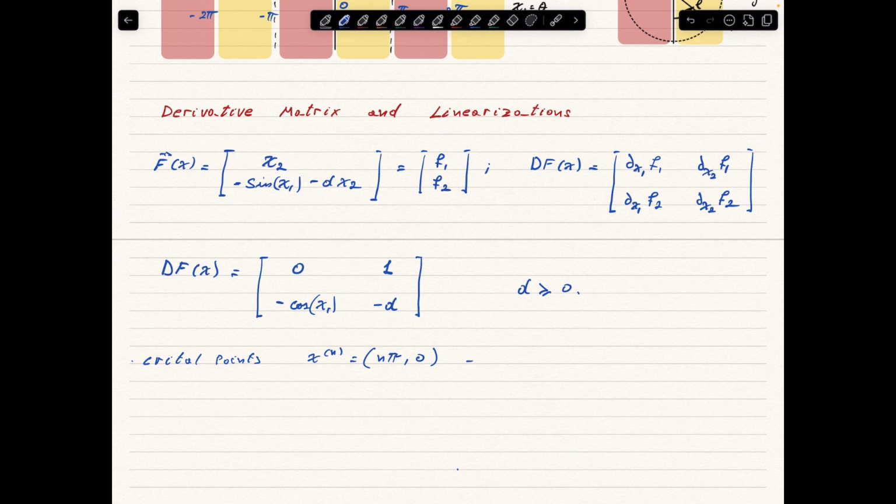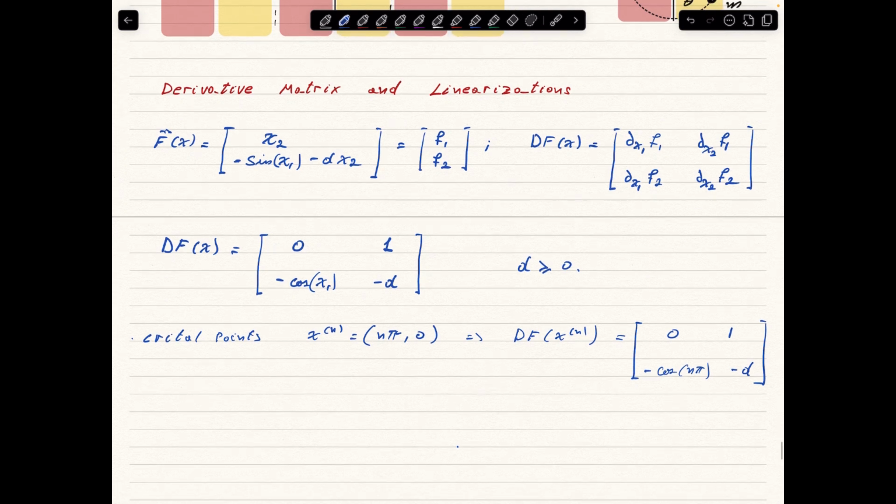And that means that the derivative matrix on those critical points is going to be, well, of course, 0, 1, negative cosine of n pi, and then negative d. But the cosine of n pi is easy to compute.